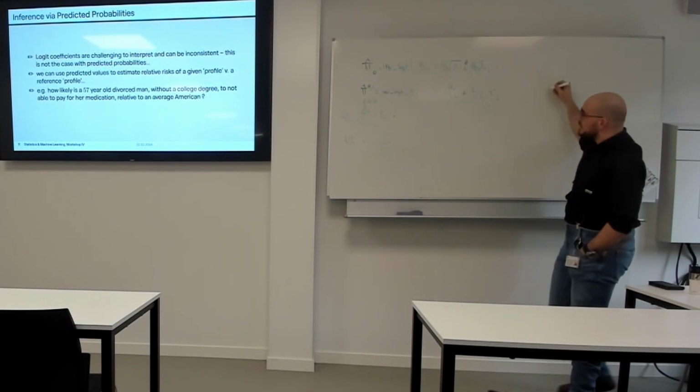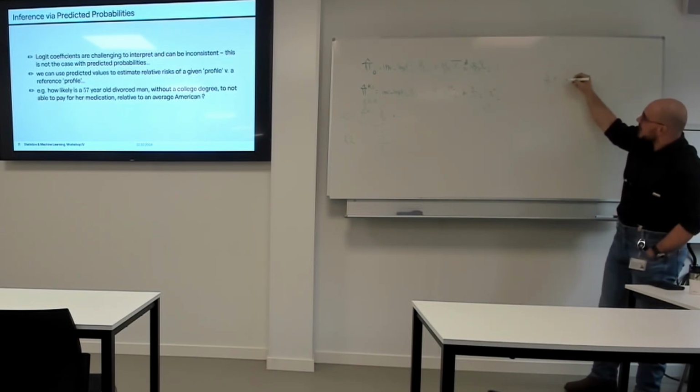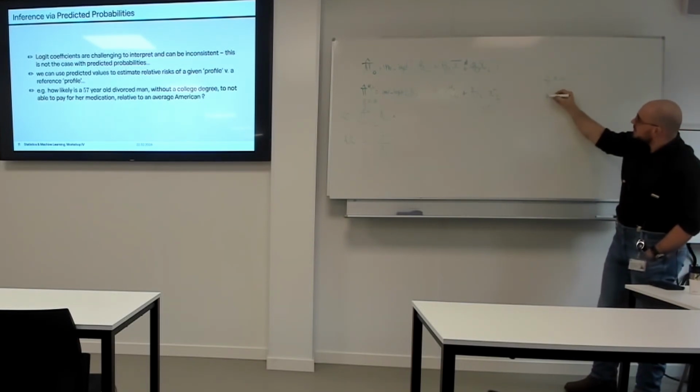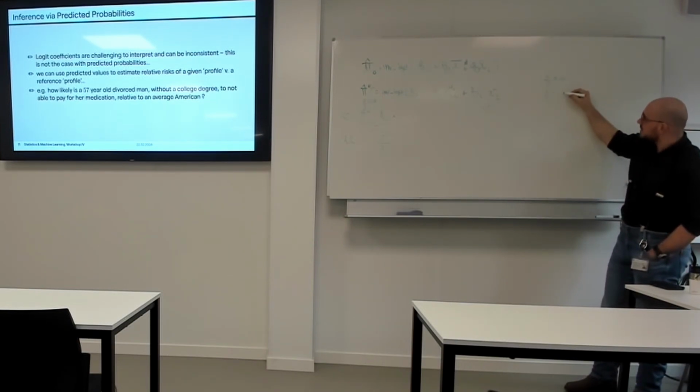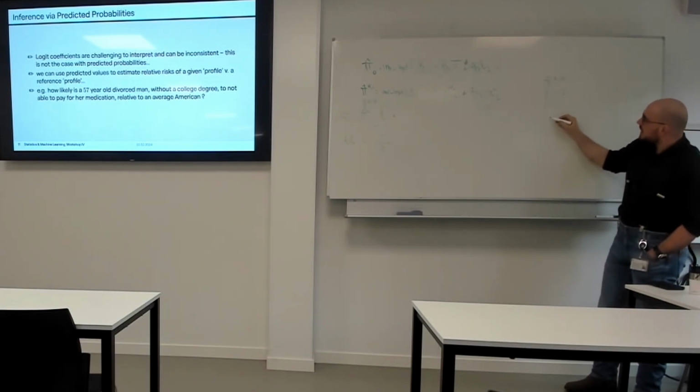And then what I get now is a series of predictions, right? I have the predicted probability for a guy who has high level of education and low number of guns, the predicted probability for a guy who has high level of education and high level of guns, the predicted probability for a guy who has low level of education, low level of guns, and the predicted probability for a guy who has low level of education, high level of guns.